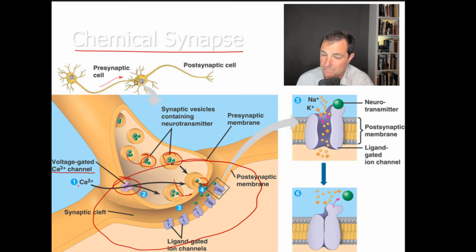The neurotransmitters then bind on the other cell that you see here, and then those can relay that message from neuron number 1 to neuron number 2.